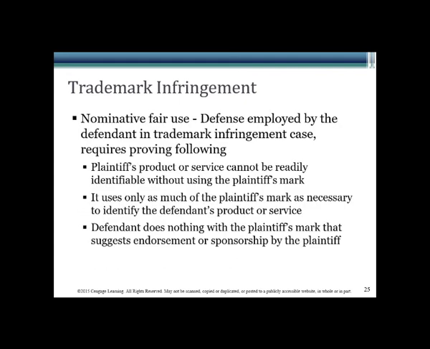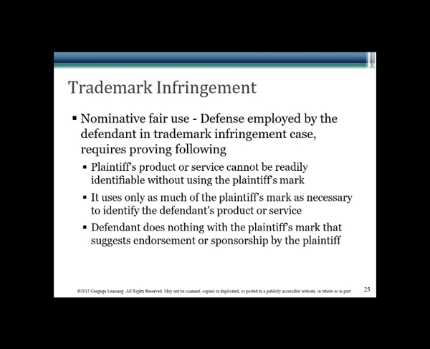Nominative fair use is a defense often employed by the defendant in trademark infringement cases where a defendant uses a plaintiff's mark to identify the plaintiff's products or services in conjunction with its own products or services. To successfully employ this defense, the defendant must show 3 things. 1.